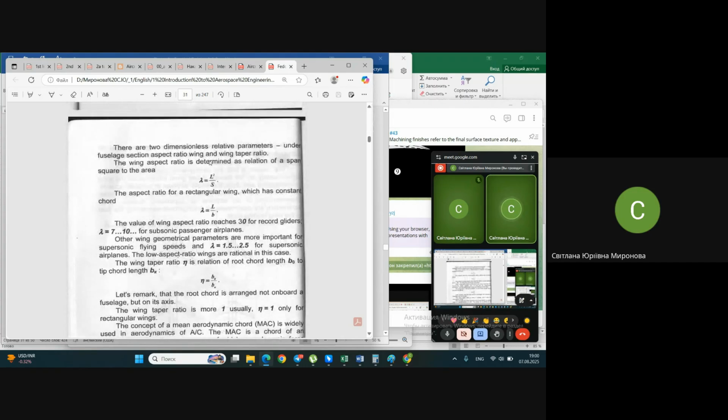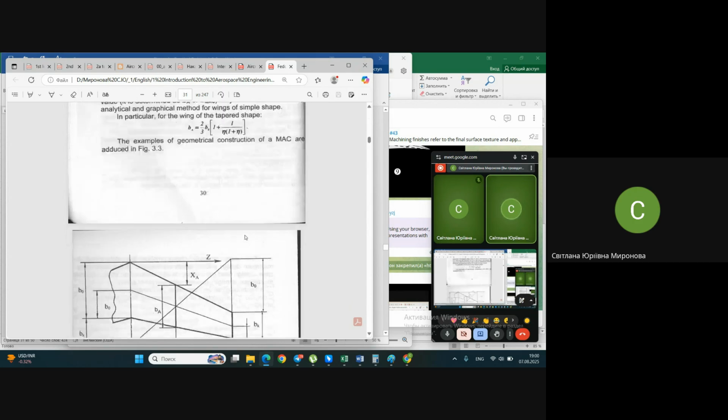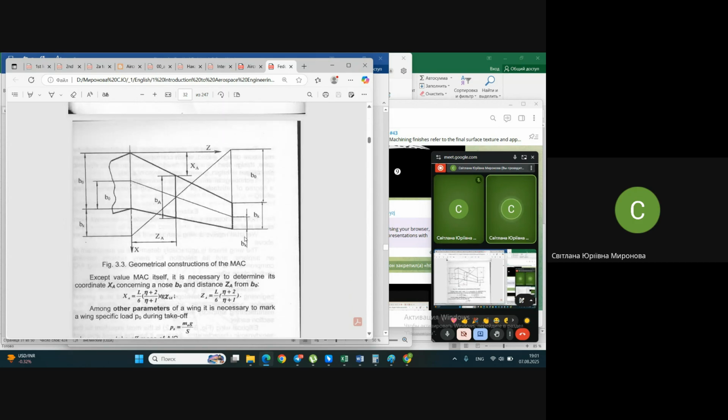That is wing aspect ratio, as you see, and wing taper ratio also, the relative narrowing of the wing. And next, it's explained how to find, quite the same picture but already in the Hai textbook, as we have seen, the value and the place of mean aerodynamic chord.